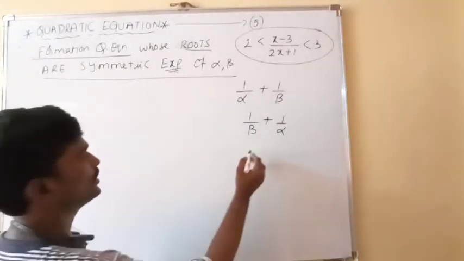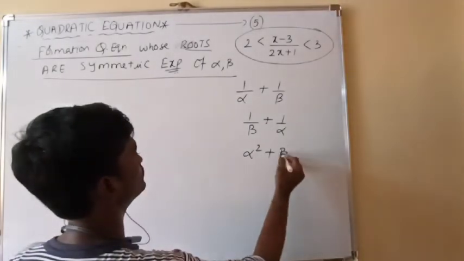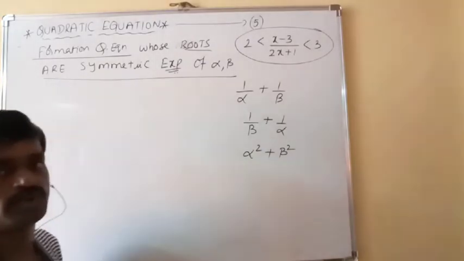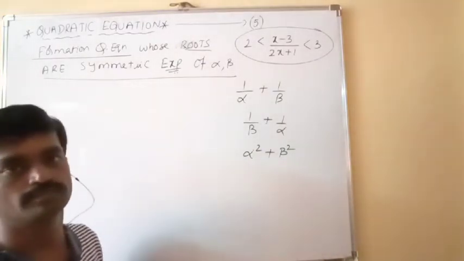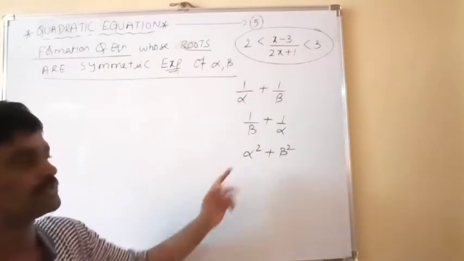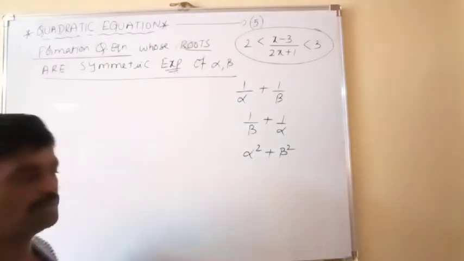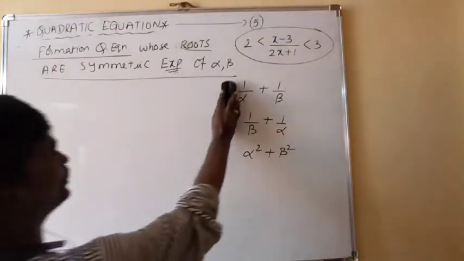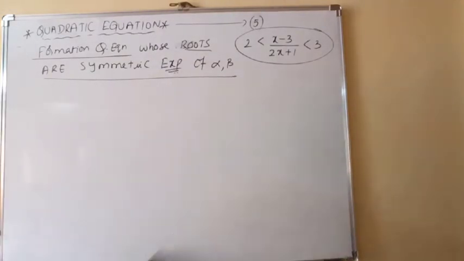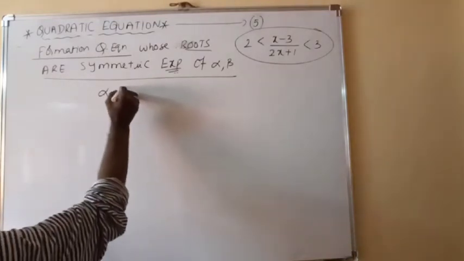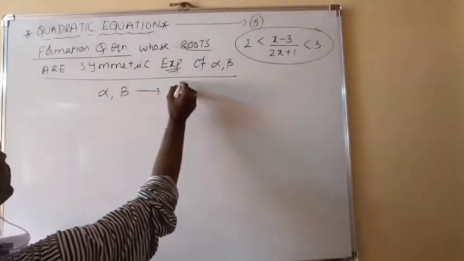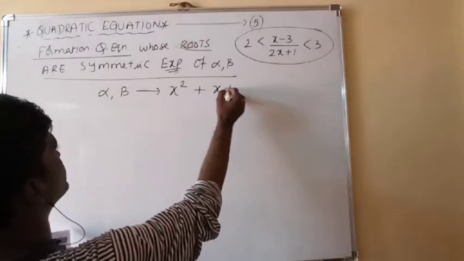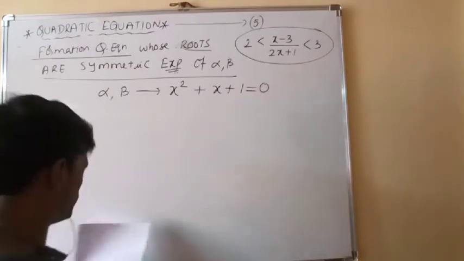One more example, alpha square plus beta square. If you interchange the positions of alpha and beta, you will get the same thing only. So these are examples of symmetric expressions of alpha and beta. Then one example problem. It is given that alpha and beta are the roots of the equation x square plus x plus 1 equals 0.